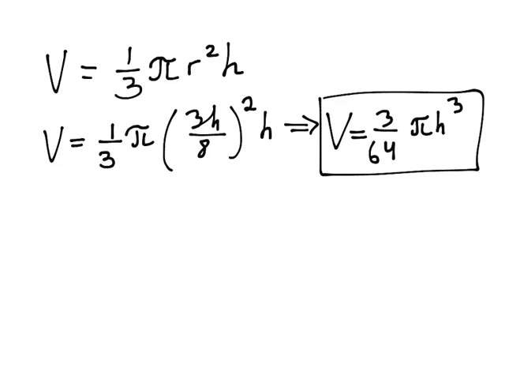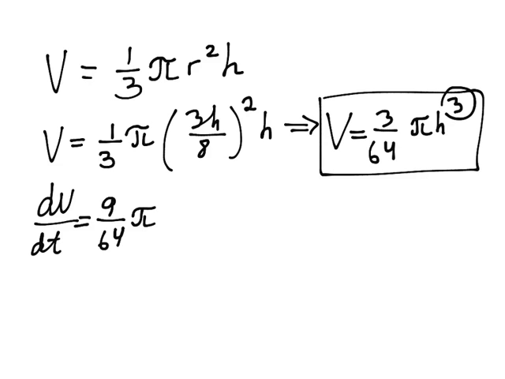Alright, now find the derivative with respect to t, and you'll get dV/dt equals, since you're going to take this 3 and bring it down, your constant becomes 9 over 64, then another constant pi, and then you get h squared, but h is changing, so you have to put dh/dt.